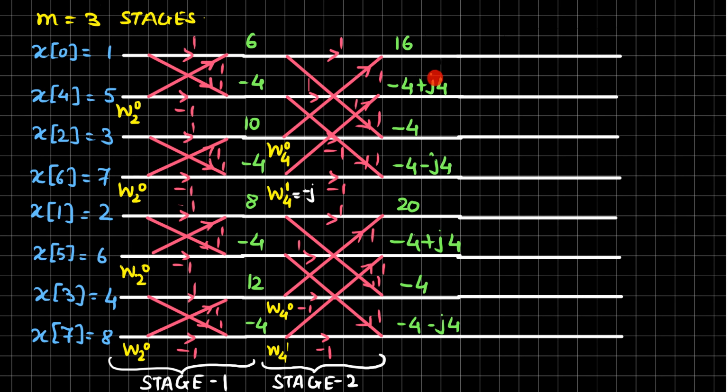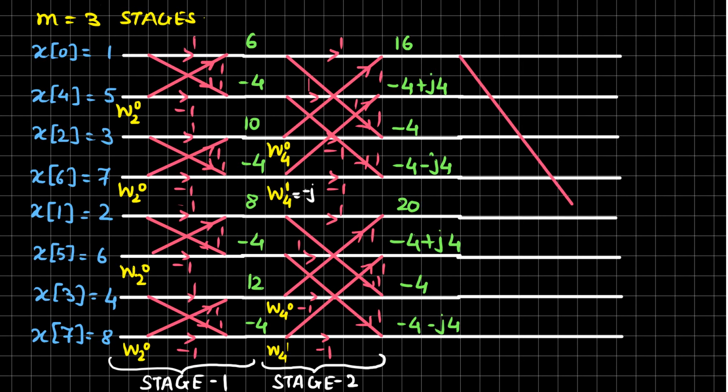This output here is to be combined with the output here. The output here is to be combined with the output here, and the output here is to be combined with the last value. That is, the corresponding outputs are to be combined in the similar way which we had done here also. Like this 6 has to be combined with 10, this minus 4 with this 4. Similarly, this 16 is to be combined with the first output of the second group, and so on. So what we are going to have is something like this.